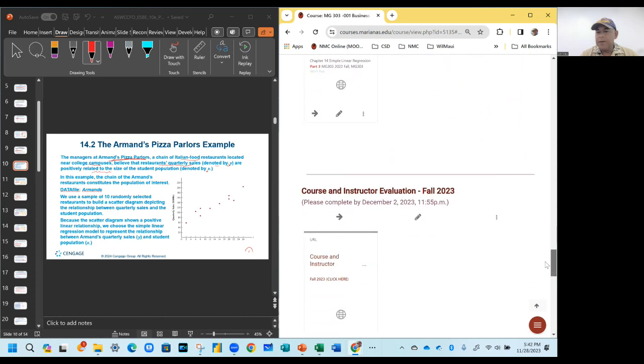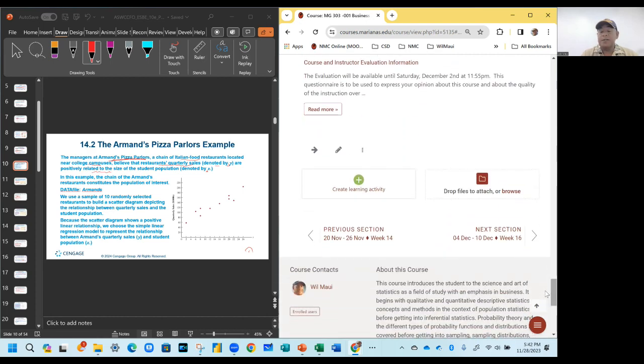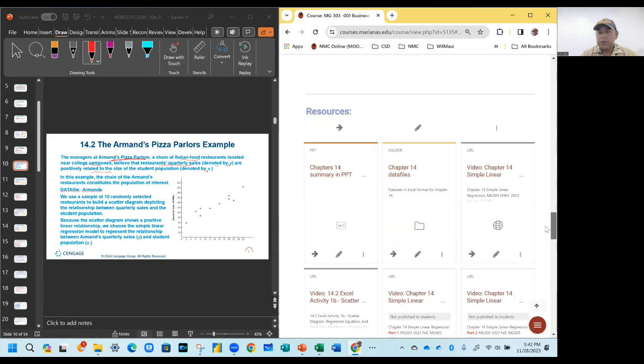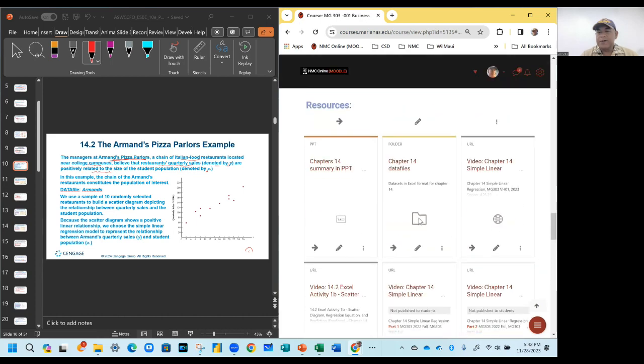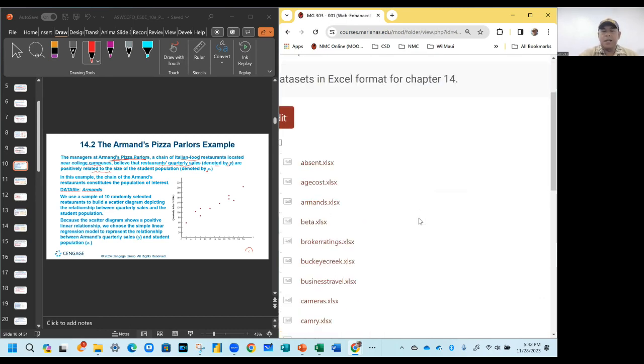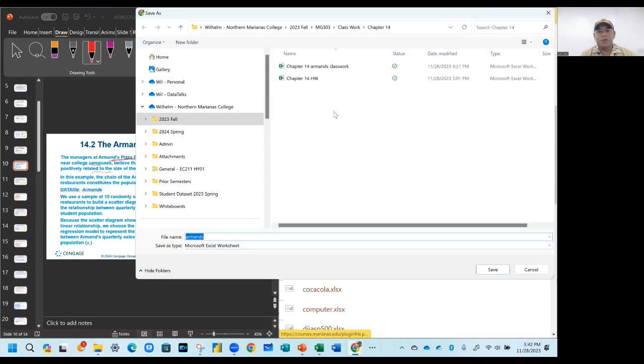You can download the file from 2 places. You can get it from the textbook, or if you go to the chapter 14 data files and open that one, you will see that one of the Excel files there is Armand's. So if you want to play around, you can certainly do that.